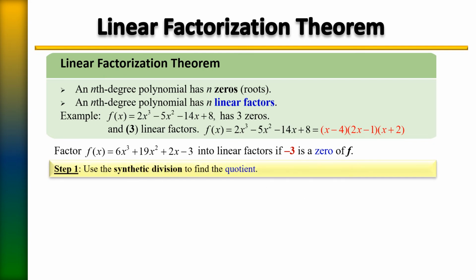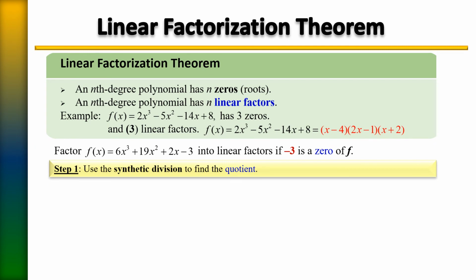So let's go ahead and use synthetic division so that we can find out what the linear factors of this are. In other words, we want to do just what you see in the above example, where you're given a polynomial function and then you rewrite it as a linear factorization.